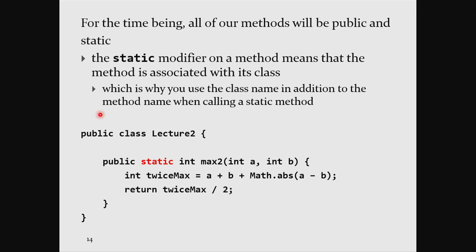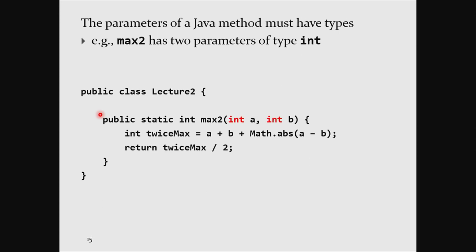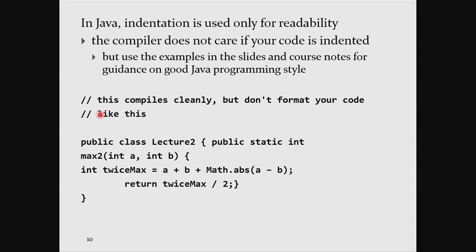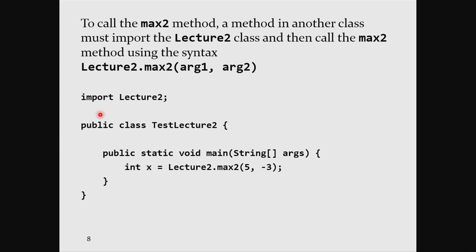That's why you have to use the class name in addition to the method name whenever you call a static method. Back here, when I went to call the max2 method, I had to use the name lecture2 in front because the method max2 is static.